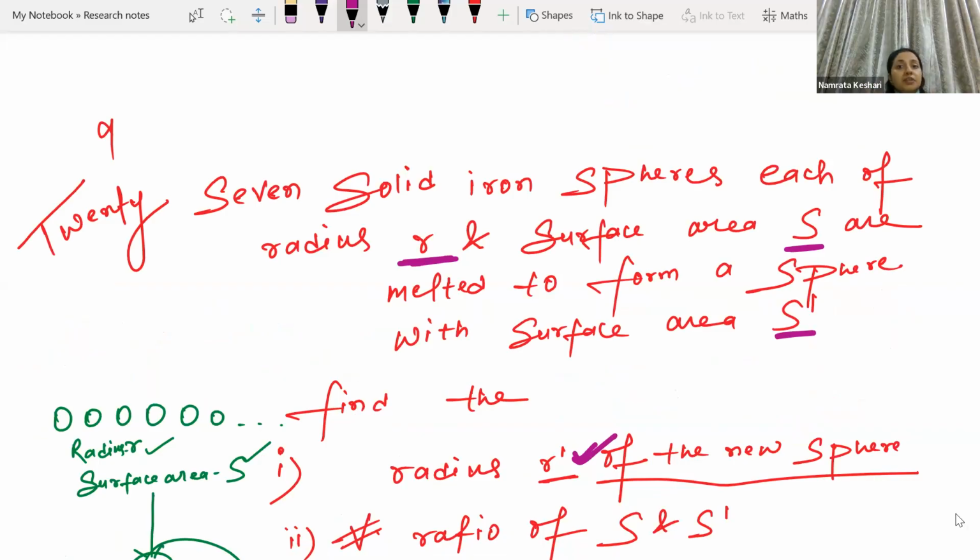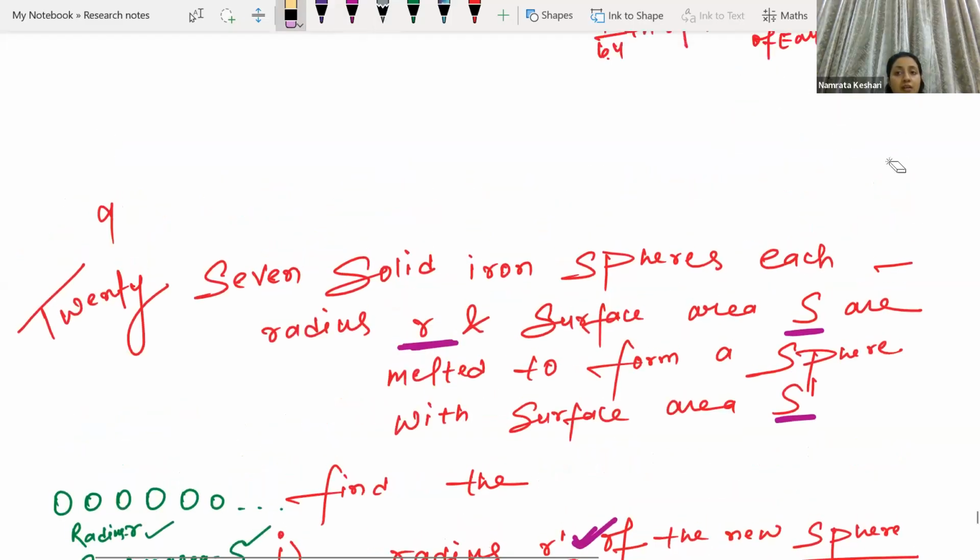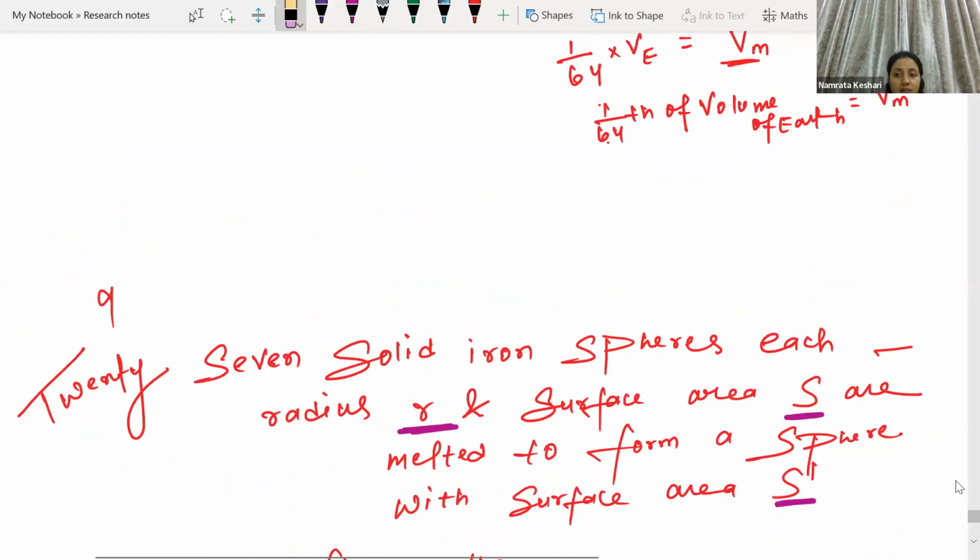If a question says the diameter of a sphere is L, find the volume, then the volume will be in terms of L. Getting it? Whatever is given in the question, our answer must contain that.